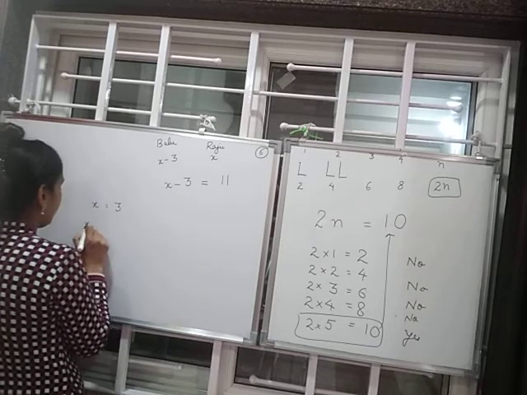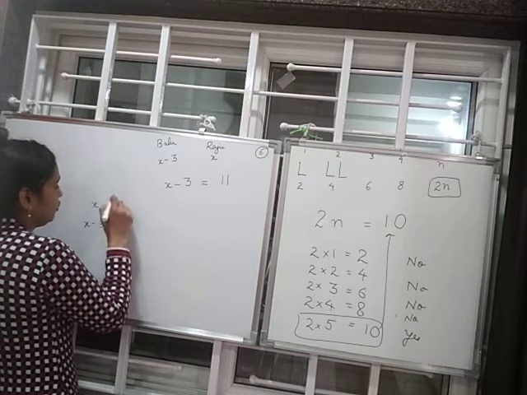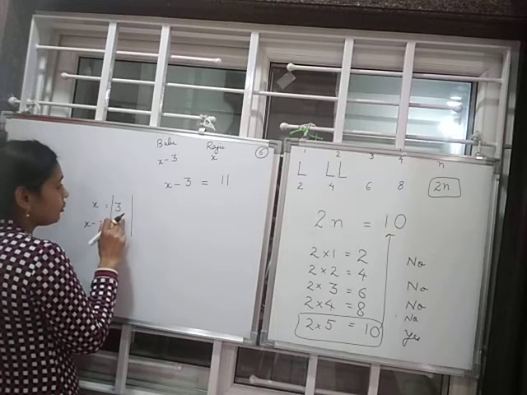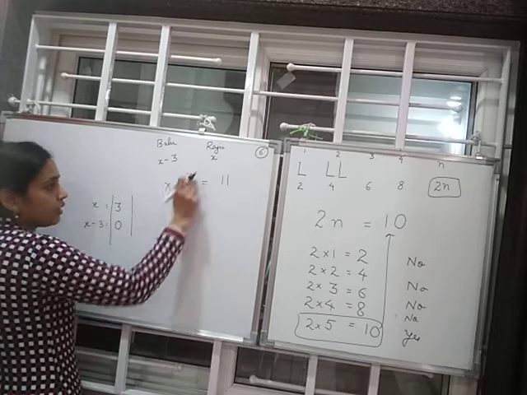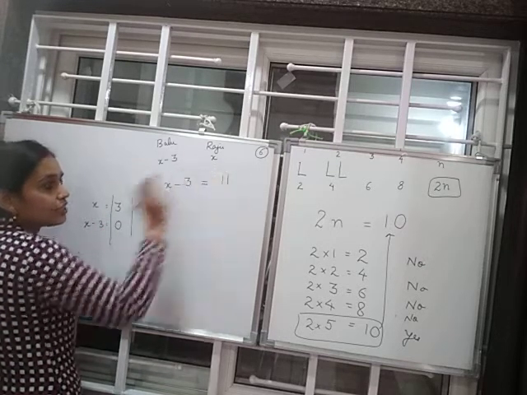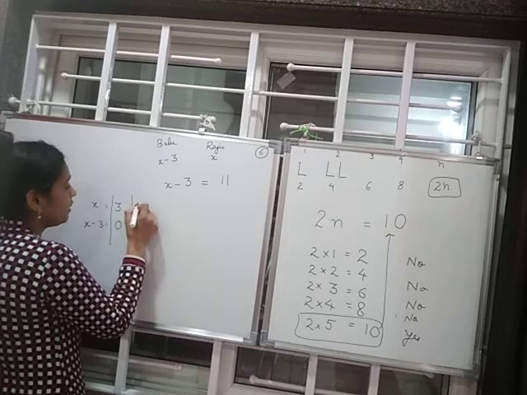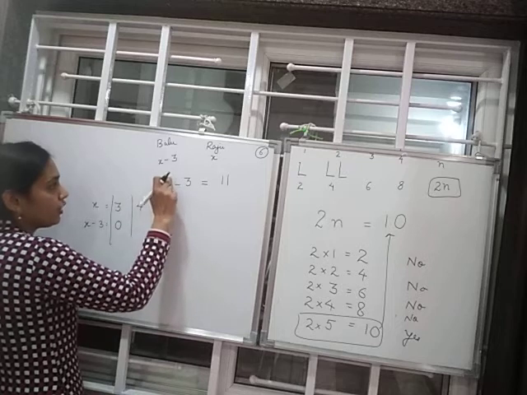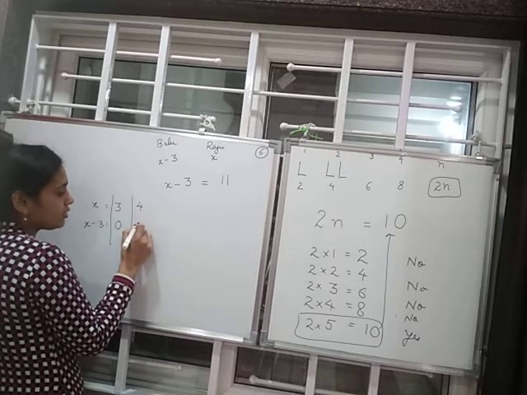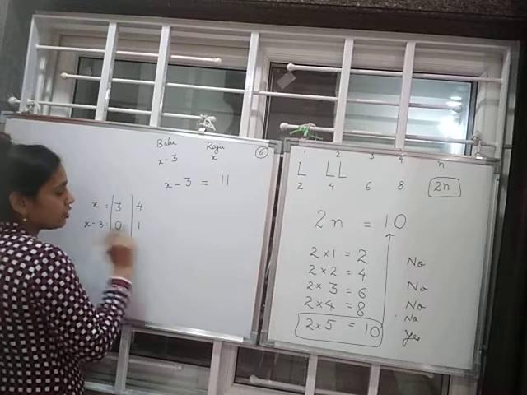Here is written x minus 3. So, if x is equal to 3, then x minus 3 becomes 0. This place becomes 0. Condition is not matching. Similarly, if x is equal to 4, then if we put here 4, 4 minus 3 will give us 1. Again the condition is not matching.